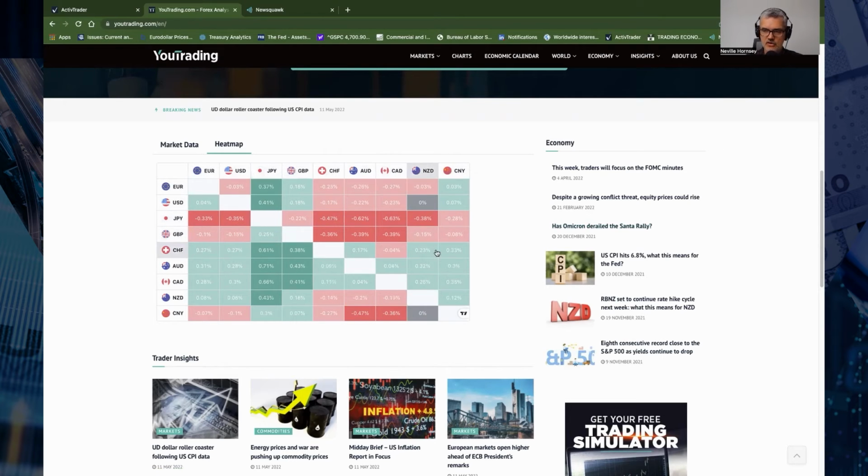The Swiss franc is strong, so we can't say it's a fully risk-off day today or risk-on day. Essentially, the commodity pairs are doing really well. The dollar's obviously trying to do well. But it's more green to the left-hand corner here and more red to the top right-hand corner there.